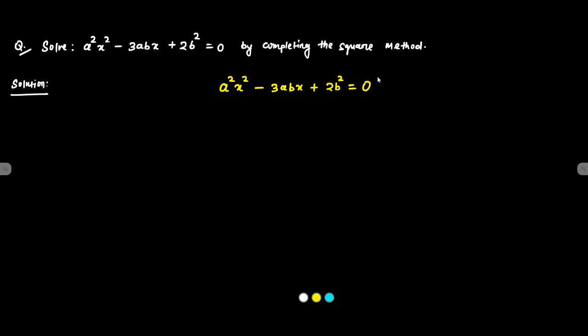Now here a, b, they are all real numbers. So first we'll take the same approach. Here c is equal to 2b square.